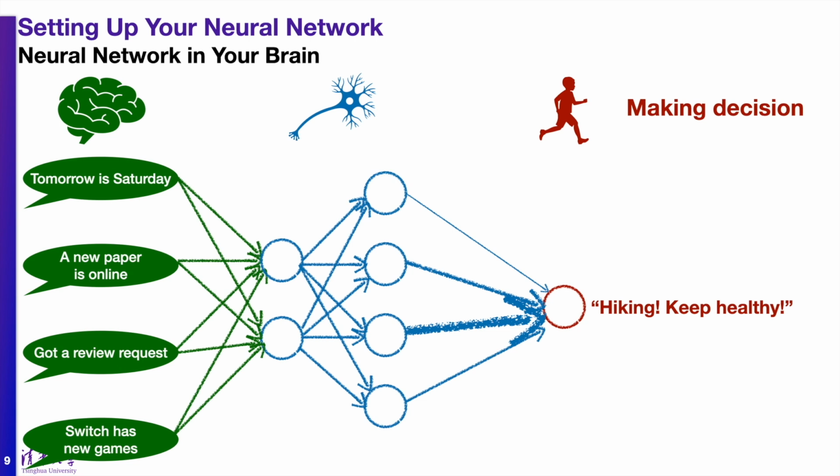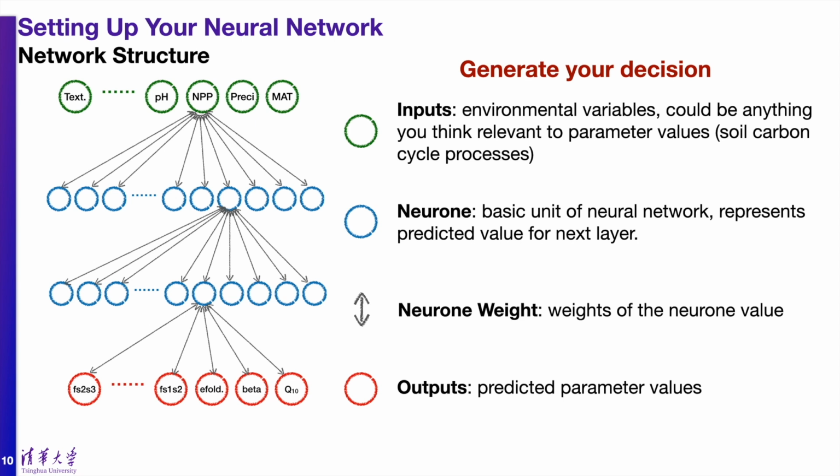And actually, the neural network follows the same way as our brain. To generate the final decision, the neural network needs to have inputs, neurons, and neuron weights as the main structure.